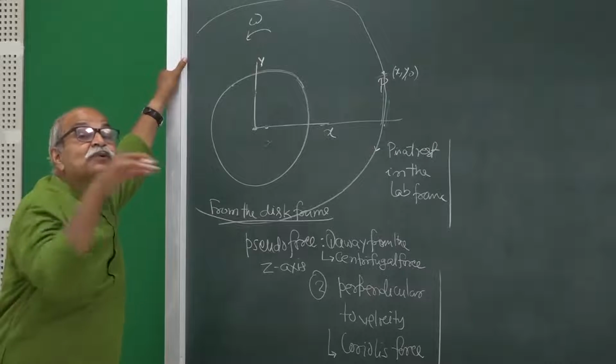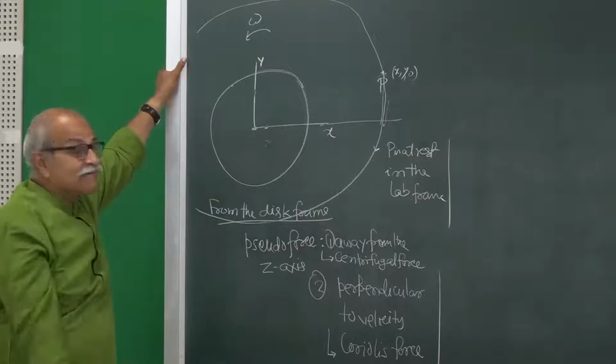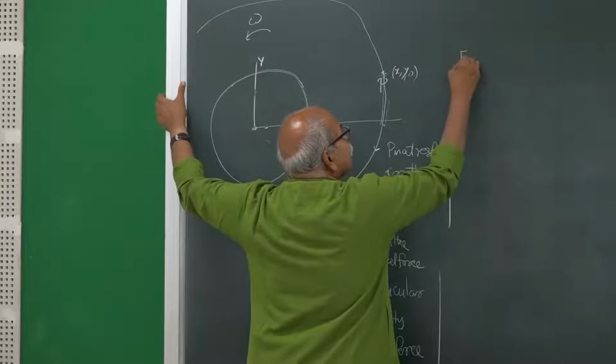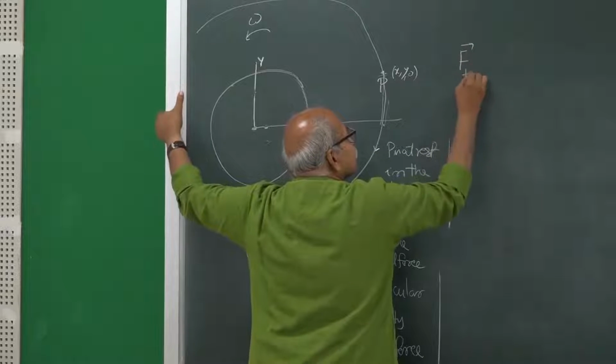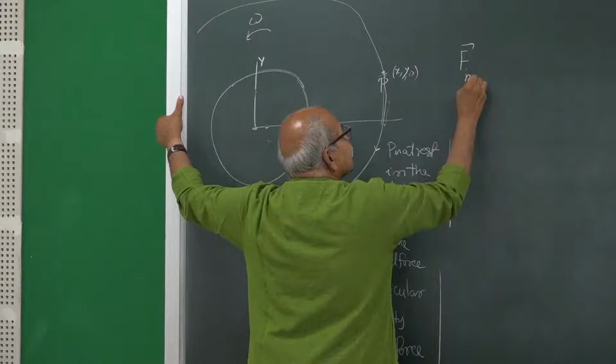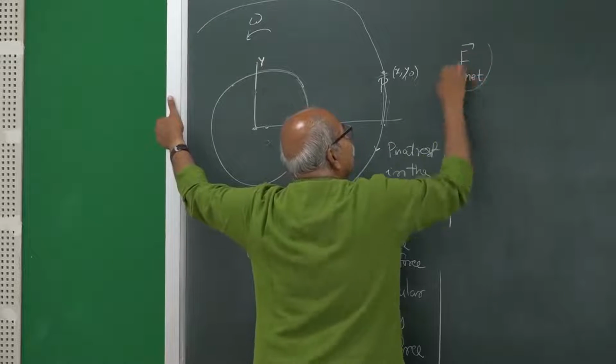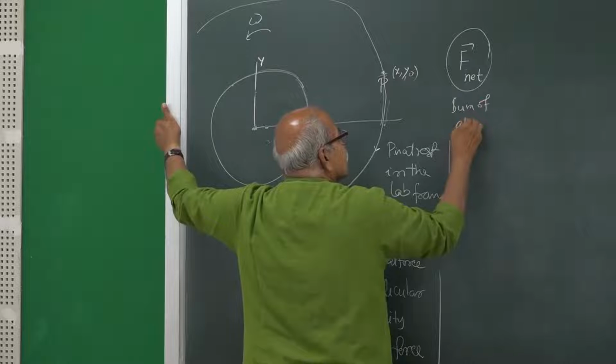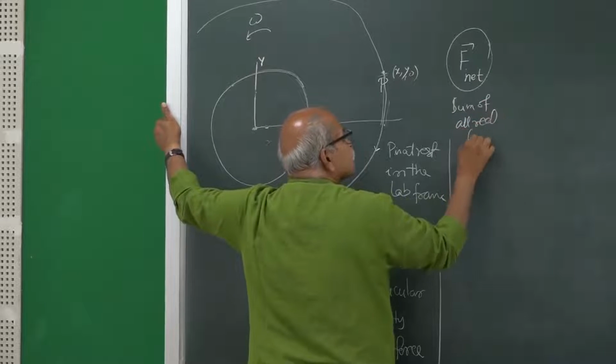So, I have to assume some pseudo forces. The real force is 0. F net means the sum of all real forces.